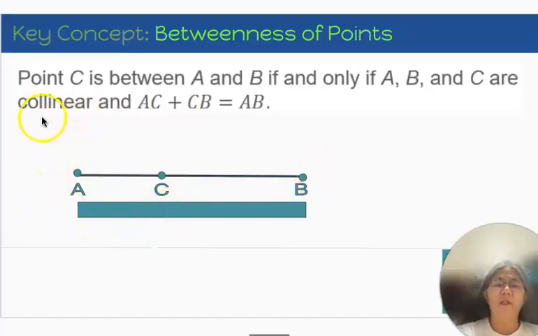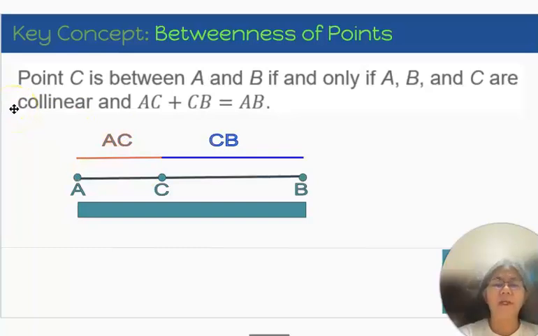What does it mean by collinear? It means that the points are on the same line. And the length of line segment AC and the length of line segment CB is equal to the length of AB.